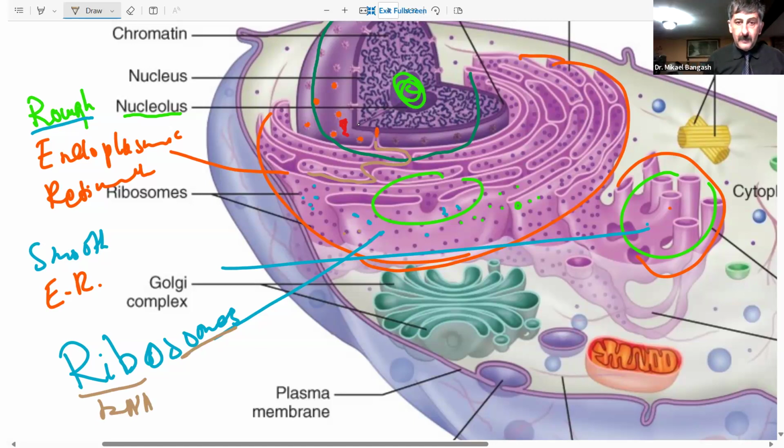Because what the ribosomes will do is release the RNA into this canal system, and it will travel through that canal system through the pore and enter the nucleus. Did you guys get that?